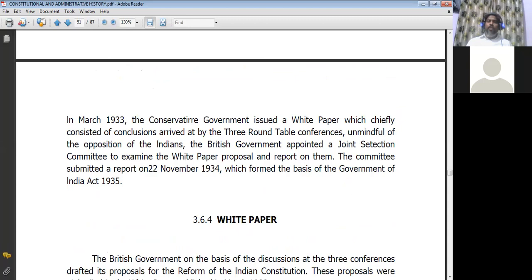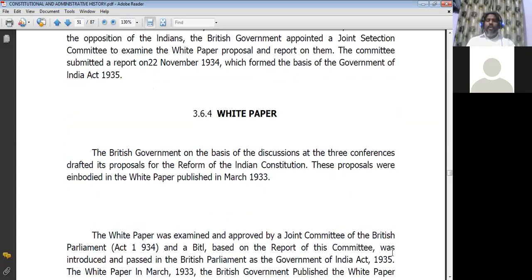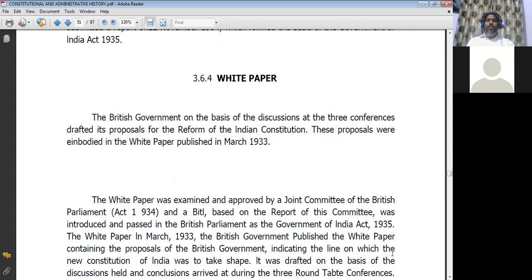The British government appointed a joint select committee to examine the white paper proposals and report on them. The committee submitted a report on 22nd November 1934, which formed the basis of the Government of India Act 1935. We'll see what the white paper is.